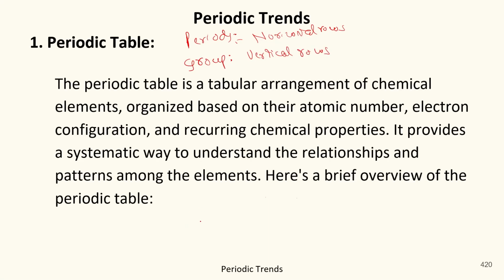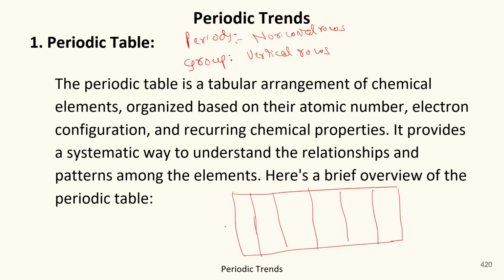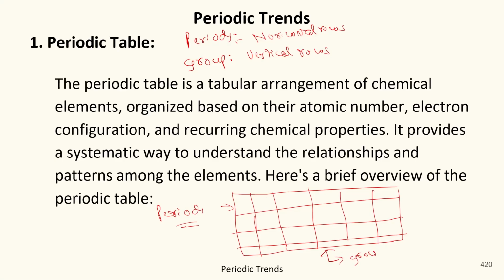So he organized the elements in this format, in which the horizontal rows are known as periods, and the vertical columns are known as groups.